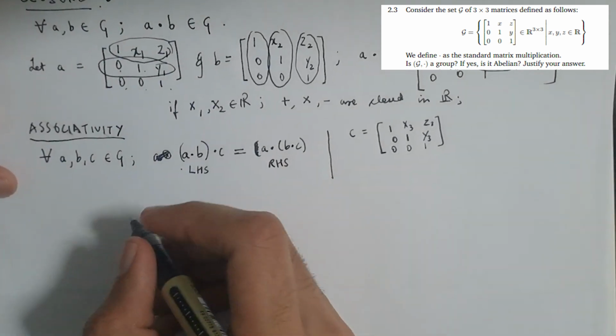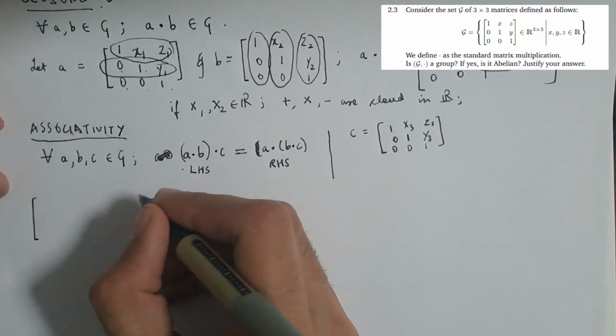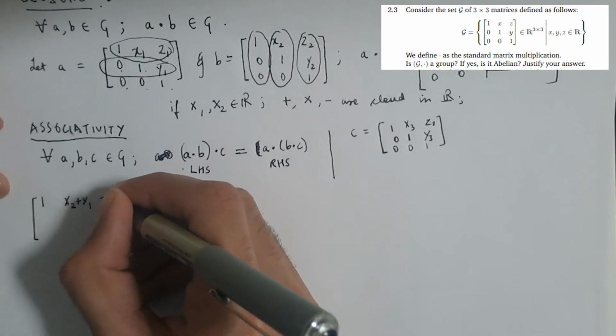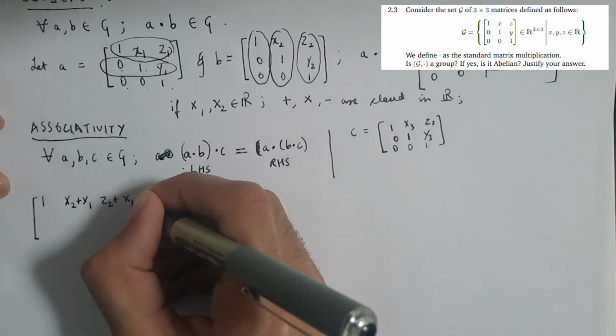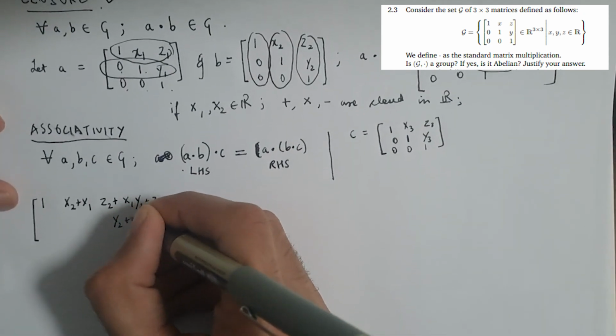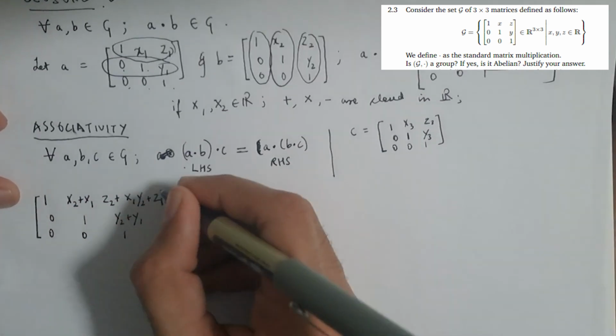Righto. So let's go. We already know A dot B is 1, x2 plus x1, z2 plus x1, y2 plus z1, y2 plus y1, y1, 0, 0, 0.